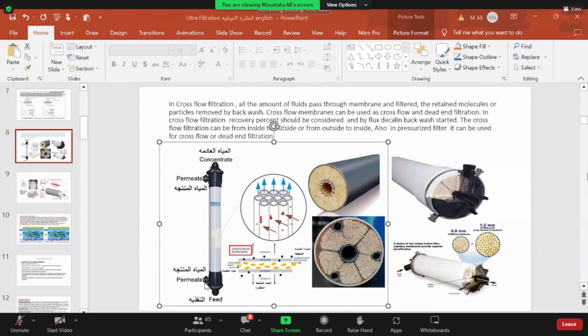Can we exchange them, so that this becomes the feed side and that the retentate side, and use both ends for filtrate or permeate?